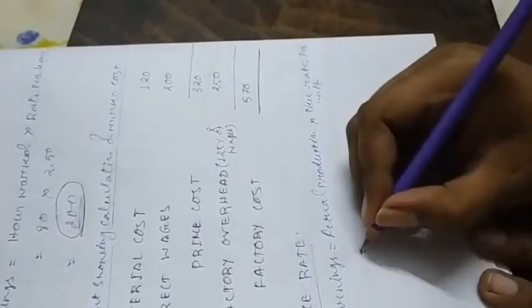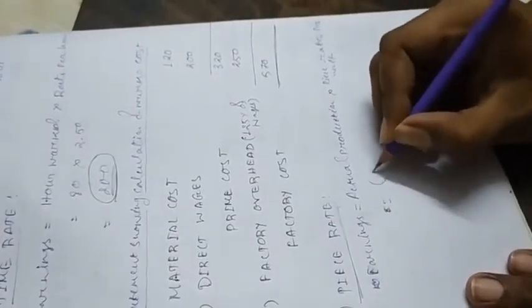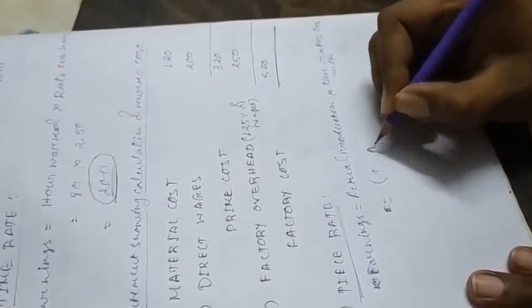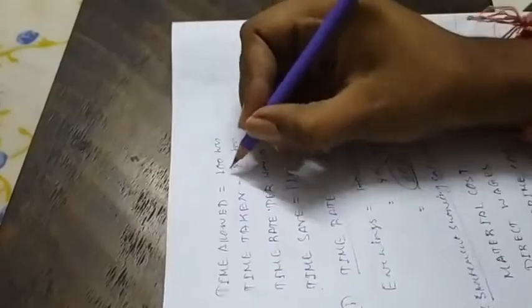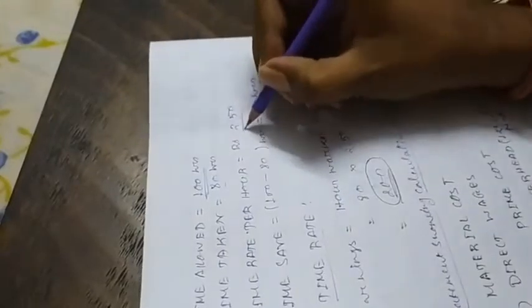Then we have to consider the actual production as the time allowed. How many hours? The time allowed is 100 hours, into the piece rate per unit, that is 2.5 rupees time rate per hour. So that is the time rate.